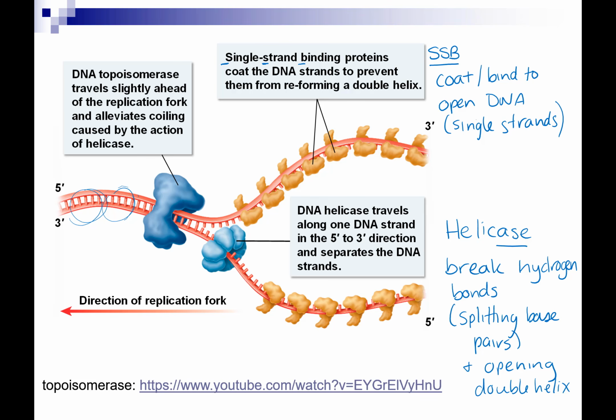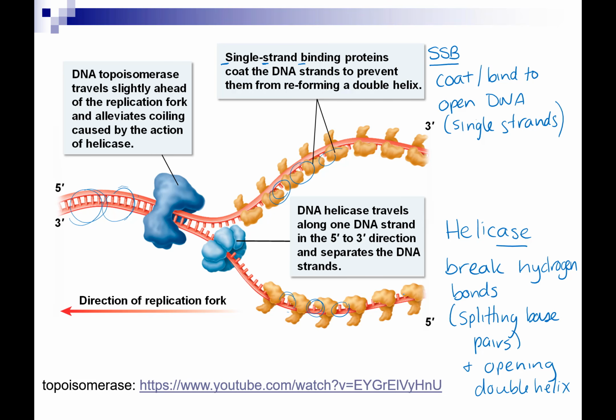Right? It's kind of like opening up Velcro, and if you're not careful, the two pieces will go right back together and stick again. So you've got to block the Velcro from interacting. So you're blocking all the nucleotides from being able to base pair with the other strand. So helicase is opening up the double helix so that we can come through and copy these strands.